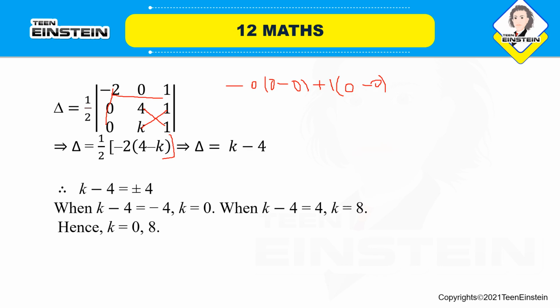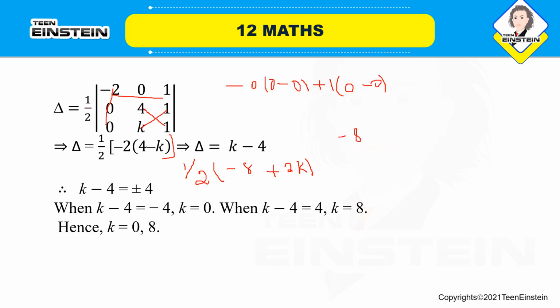Okay, so the only expression you are getting is minus 2 into 4 minus k. So on simplification, this is half into minus 8 plus 2k. Now bring this half inside.